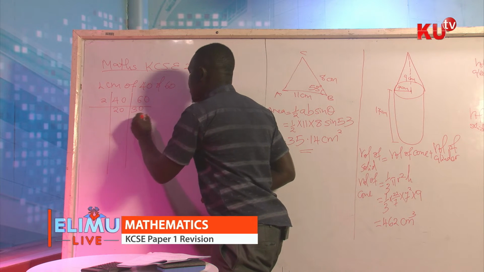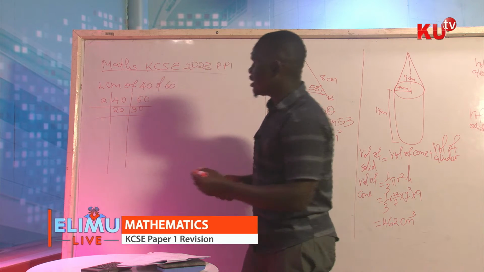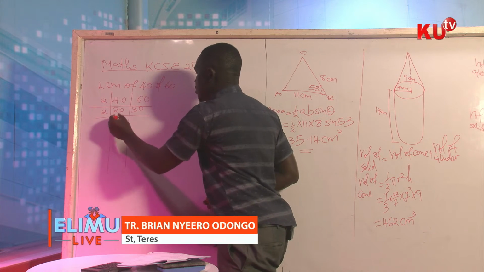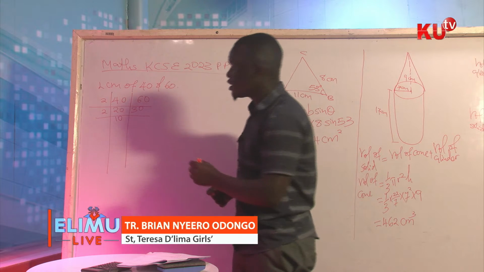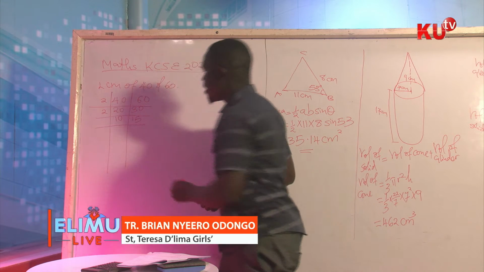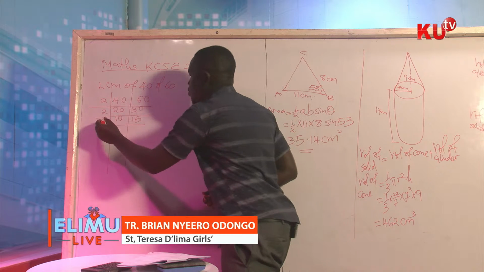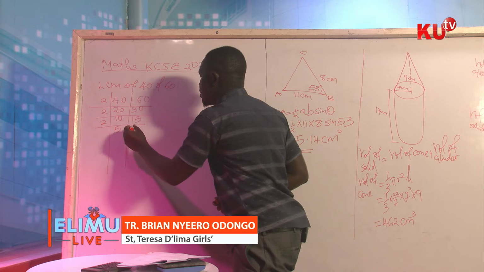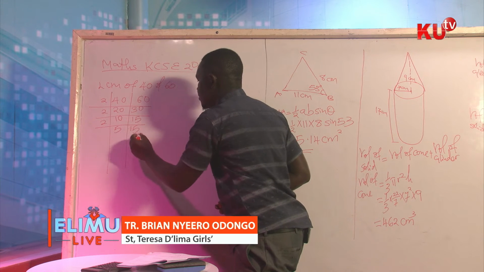Again, I'm looking for a number that goes into any. Still 2 goes there. So 2 into 20 is 10. 2 into 30 is 15. Which number again goes there? Yes, 2. 2 here is 5. 2 into 15 does not go, so you write the 15.